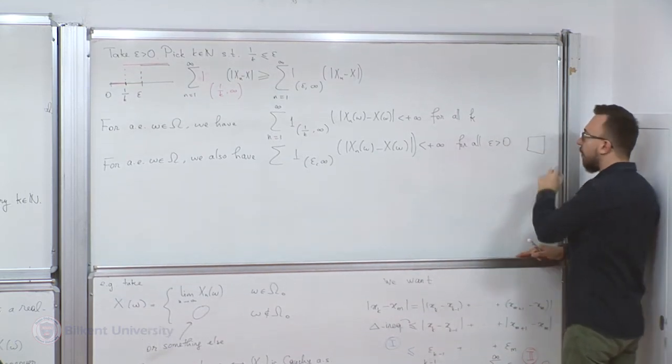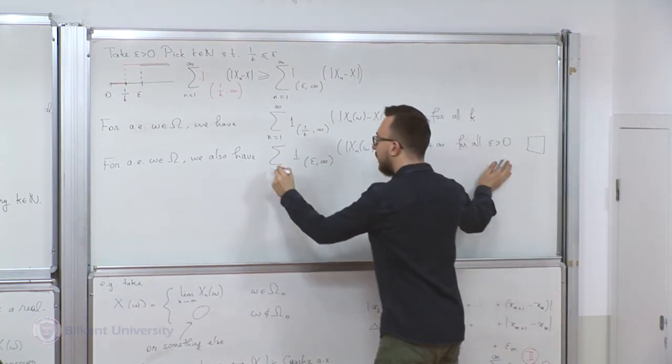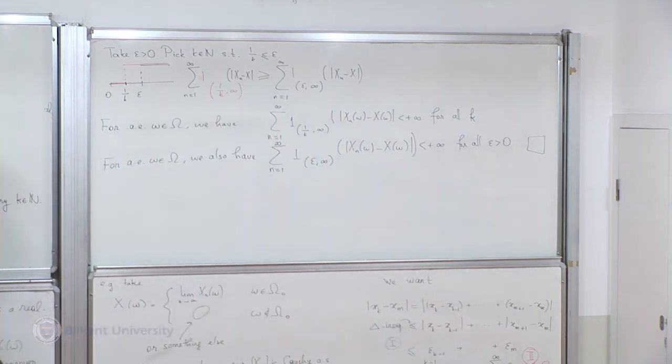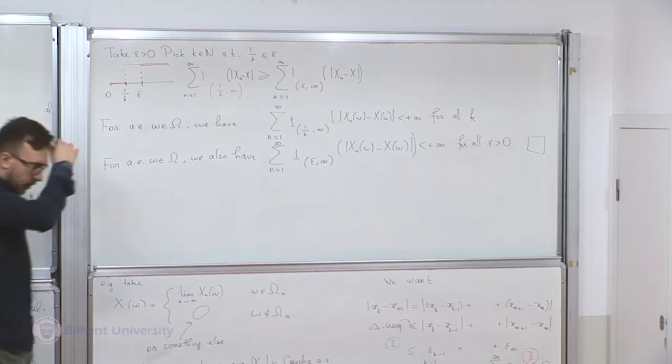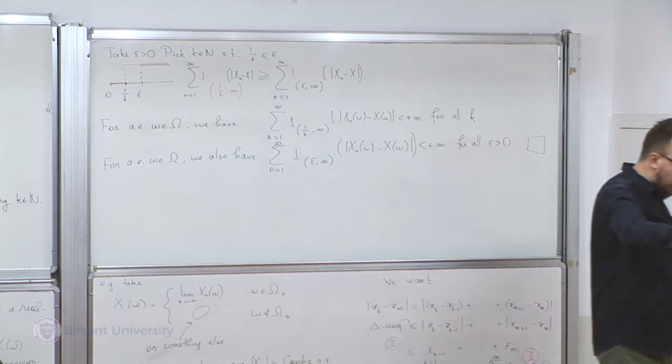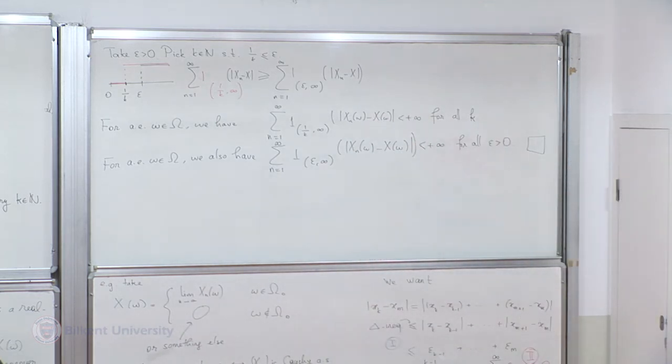So this means we're done. We're done because this is precisely saying that with probability 1 and for every epsilon we have this. So the thing is that the fact that we are dealing with uncountably many epsilons is not a big issue because all those epsilons are between 1 over k's and 1 over k plus 1s, right?